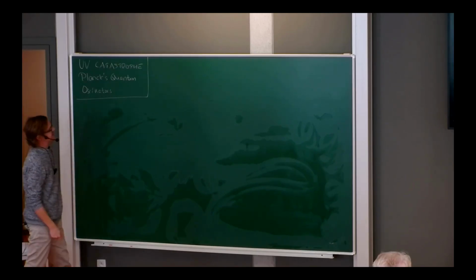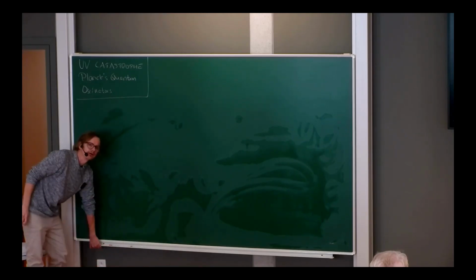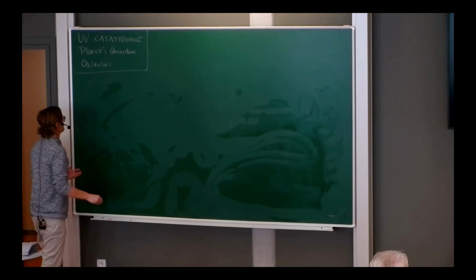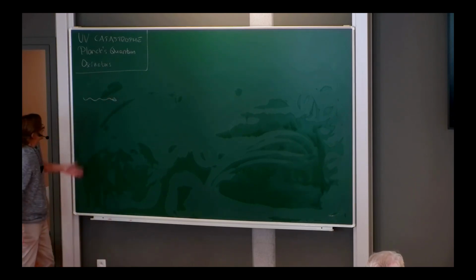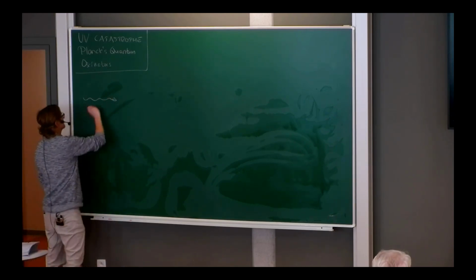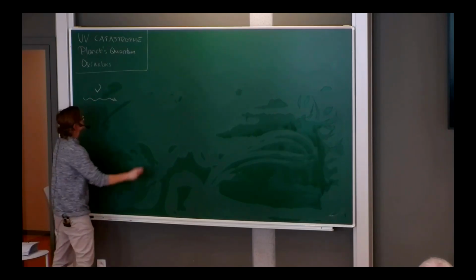So, in that sense, as a primer, we can go back to where we were, right? We were in the description, the classical way of describing our system with some incoming frequency.